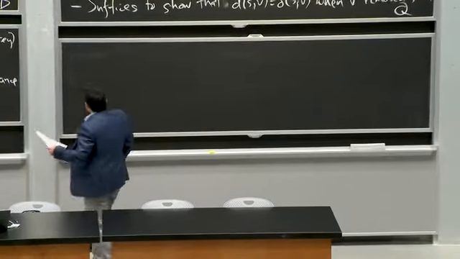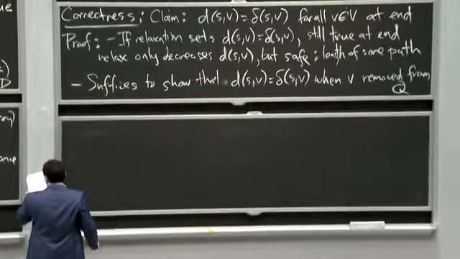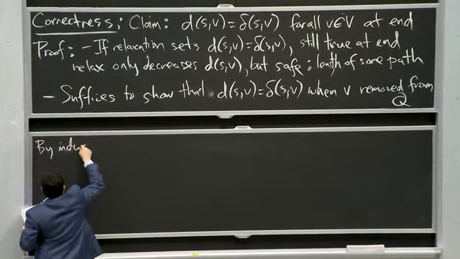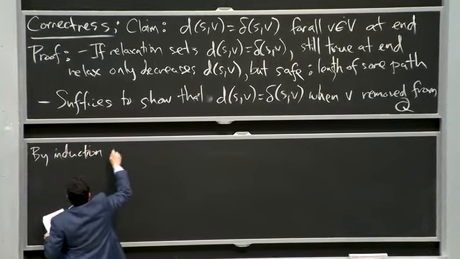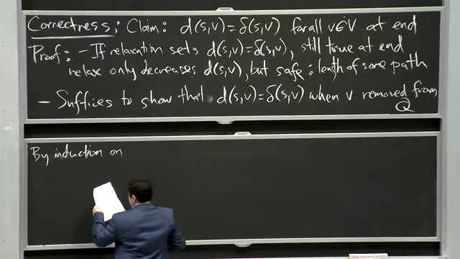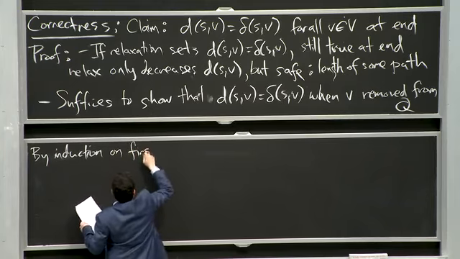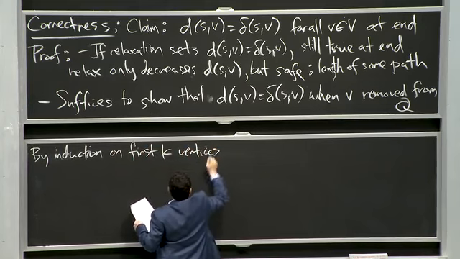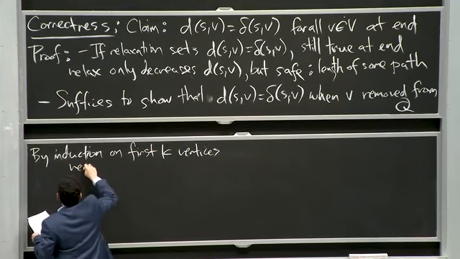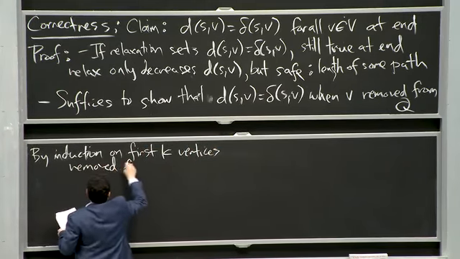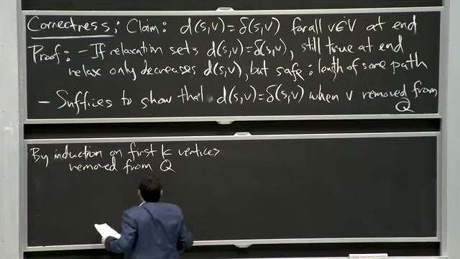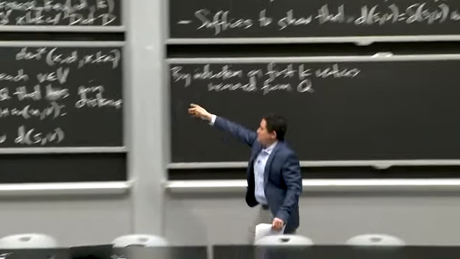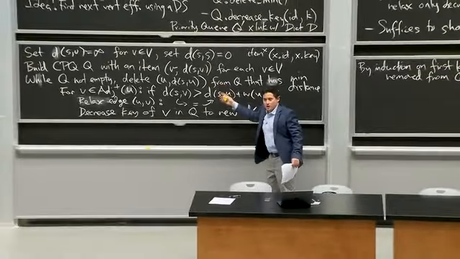All right. So we're going to prove this by induction, obviously. Induction on the first k vertices removed from the Q. All right? So the Q, we're popping vertices from this Q in some order.